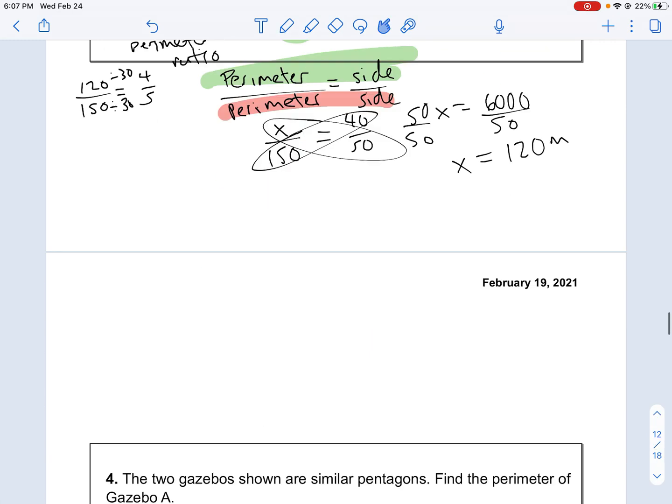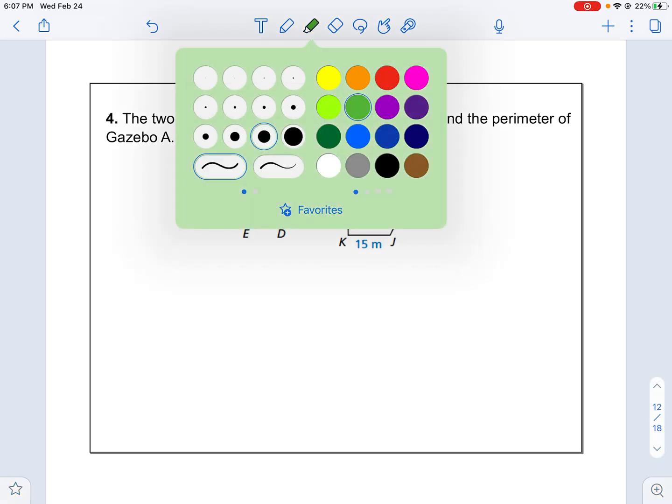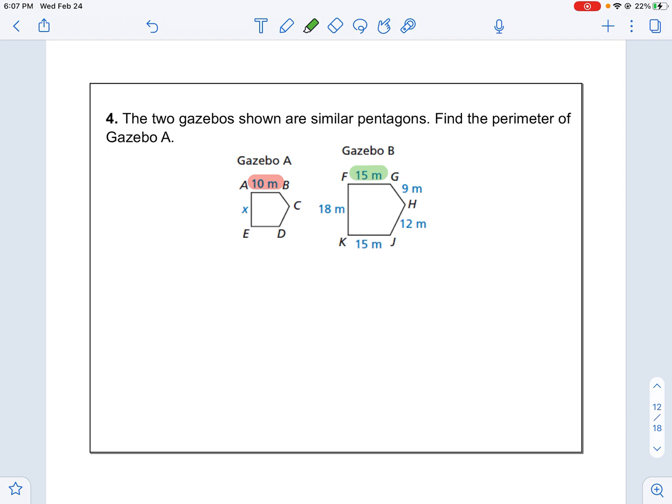Okay, let's keep going. All right, so we need to find the two perimeters. I'm going to solve this one just a little bit faster. Here are the sides we're going to use. And the perimeter is 15, 24, 36, 51, 69. We don't know the perimeter here. So we've got x over 69 equals 10 over 15.